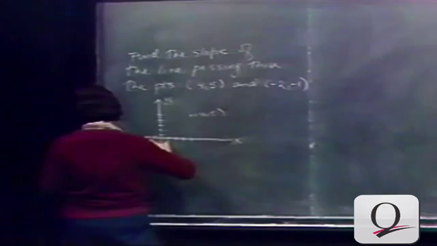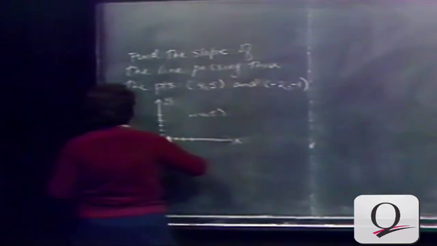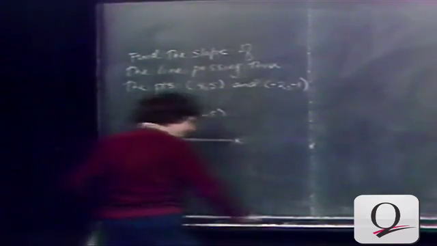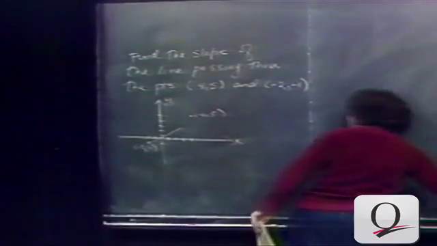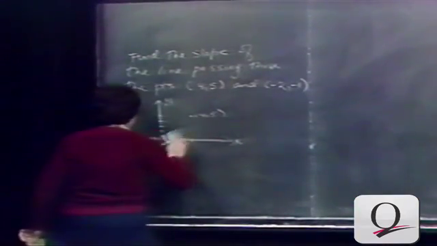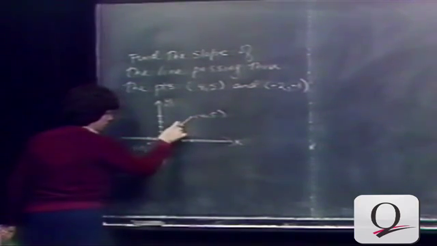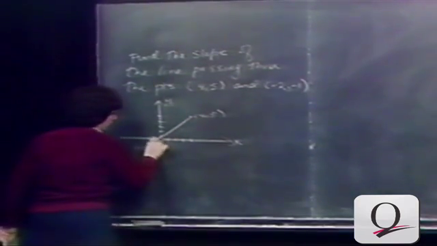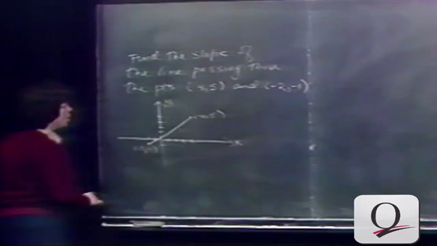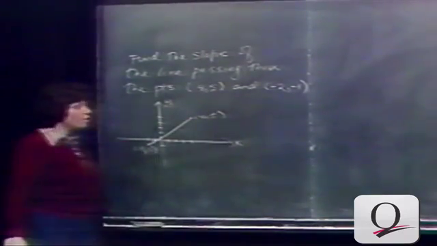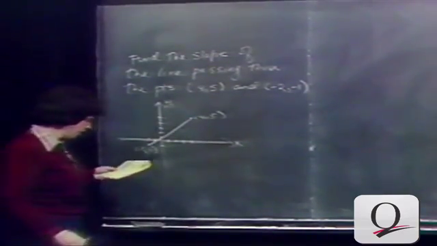Okay, so this is certainly going to be a rising line. Since the line is a rising line, we would expect a positive slope in this instance.